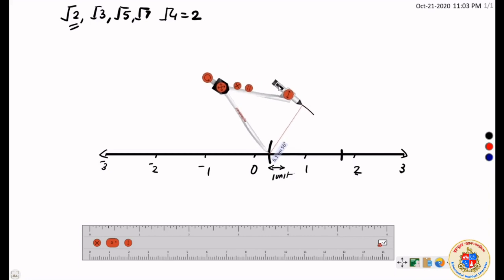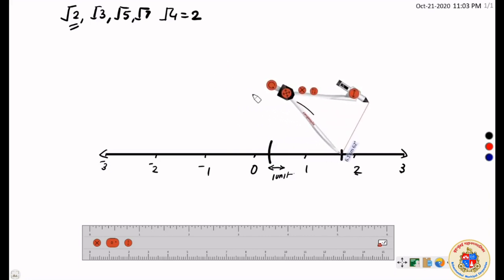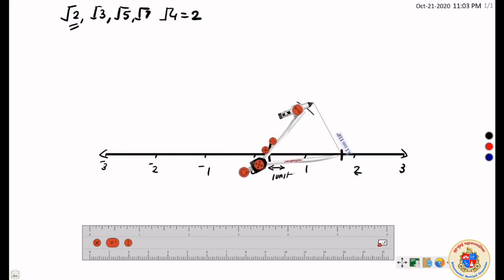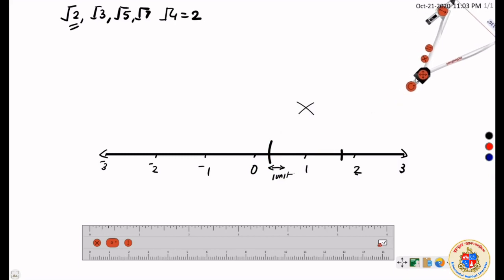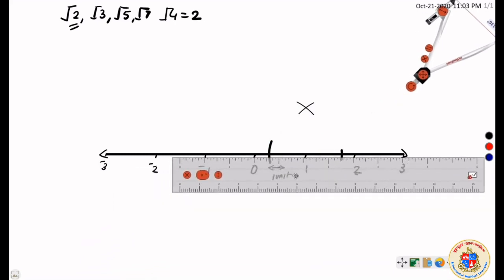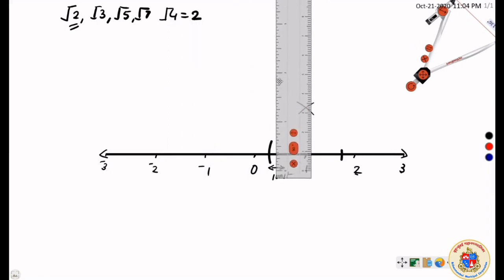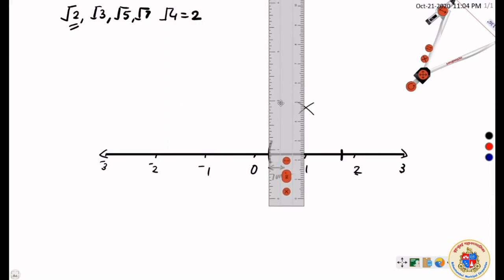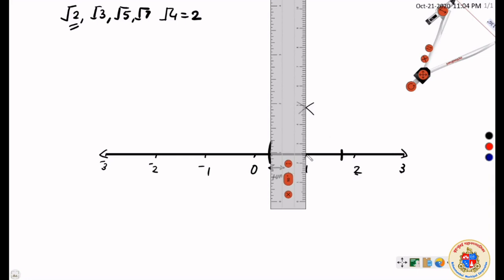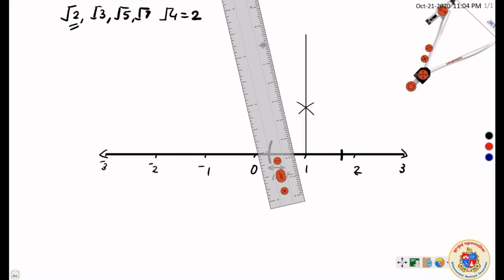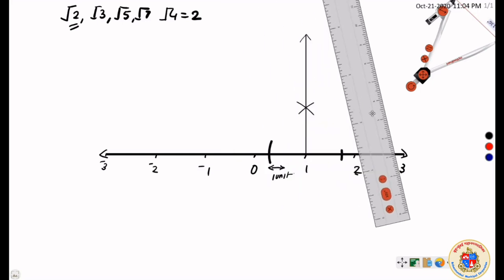You have studied the technique of drawing a perpendicular from a point on the line. That technique is used here. Bring the scale over here and draw the perpendicular.